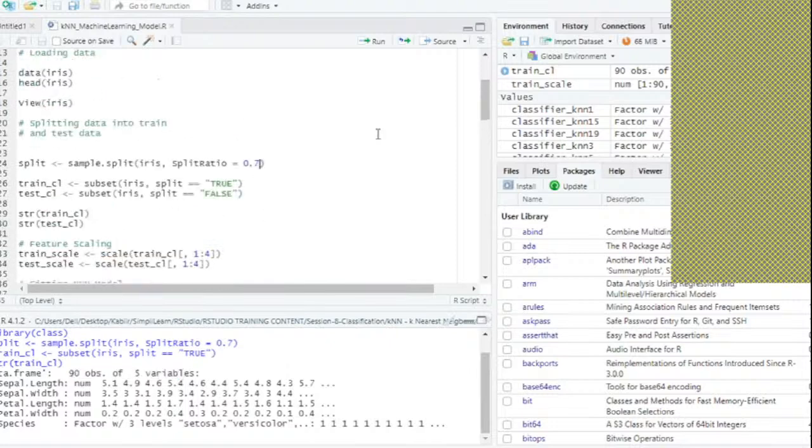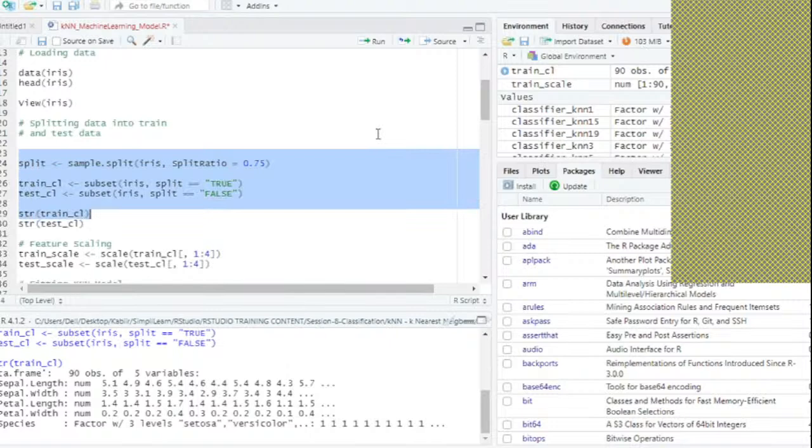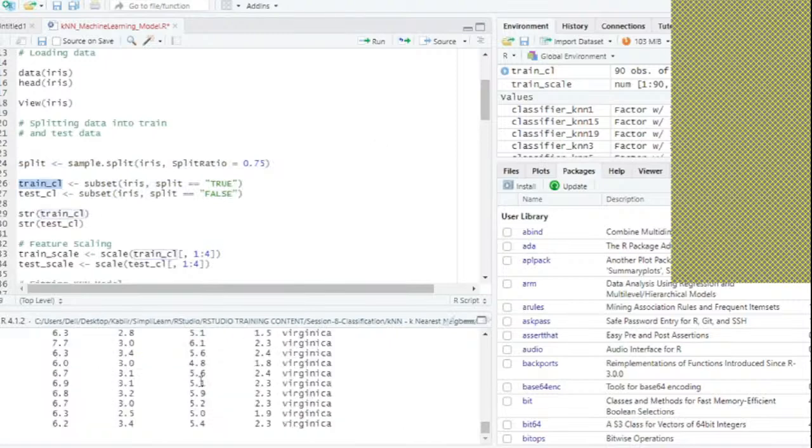Let me just take it as 0.75 and see the structure of the training data.